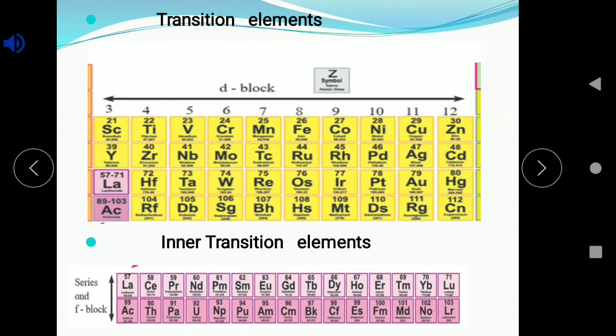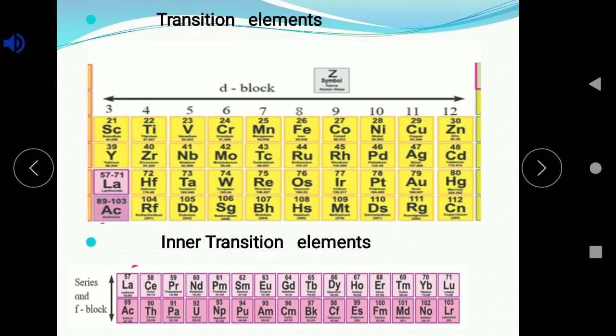That means on the left side S block is there, on the right side P block is there, and F block is at the bottom of the periodic table. D block is at the center, and all the properties are transmitted from S block to P block through D block, and hence they are called transition. The properties are transited, hence these are called transition elements.